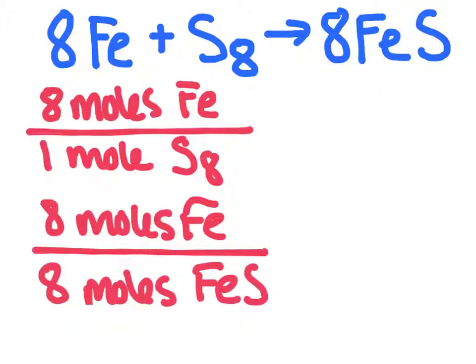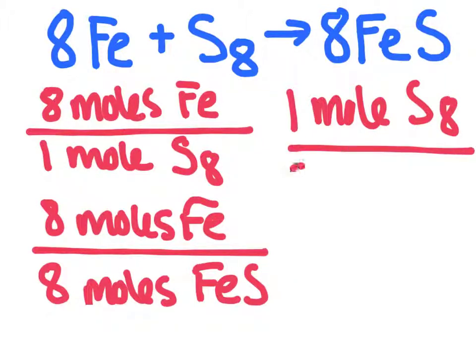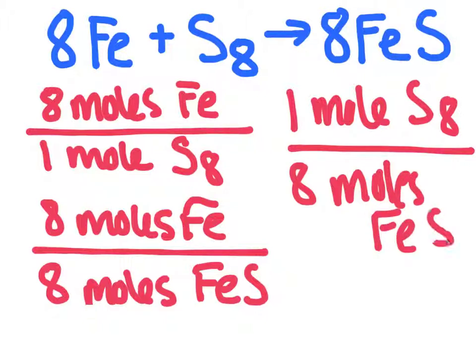Those are 2 possible mole ratios, and I think there's one more. For every 1 mole of S8, there's 8 moles of FeS. So those are the 3 possible mole ratios.